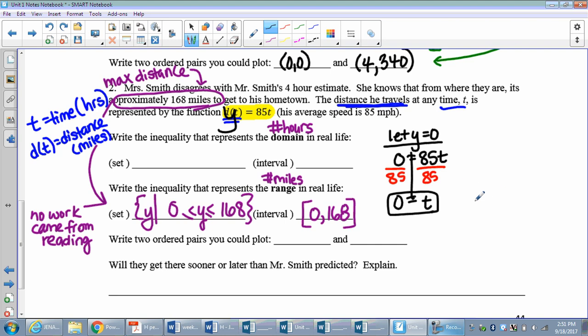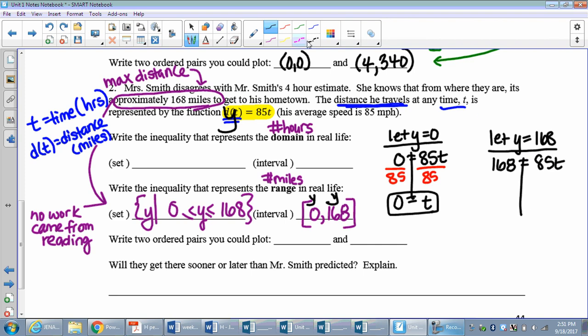To go find the other value, I will plug in the one I haven't done yet. So this was the first value for the range. This is the second. So now let y equal 168. So now, instead of this entire side becoming a 0, it's going to become 168 equals 85t.